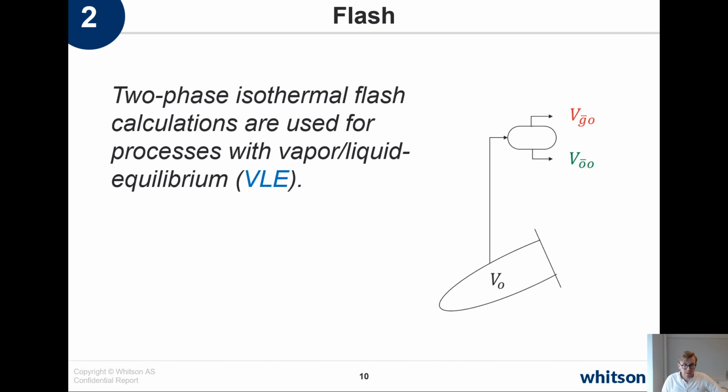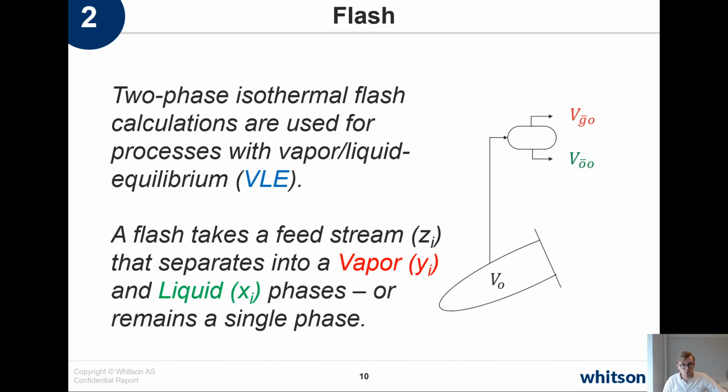Flash, in its strictest sense, a two-phase isothermal flash calculation, is used for processes with vapor-liquid equilibrium. So when I'm talking about a flash, I'm most of the time referring to this particular calculation. That is one of the last topics we'll cover in this course. And a flash takes a feed stream composition and it separates into vapor and liquid phases, or it remains single phase.